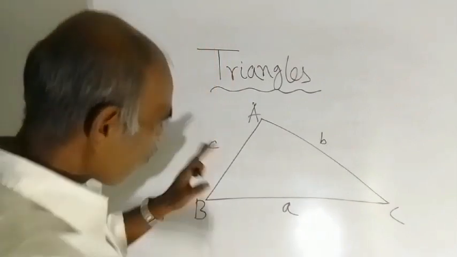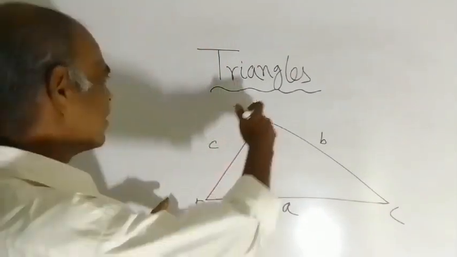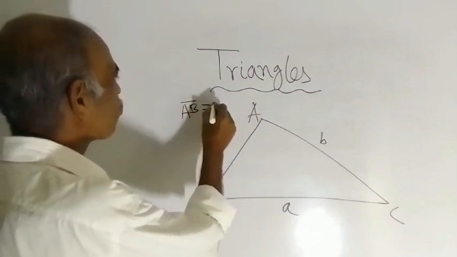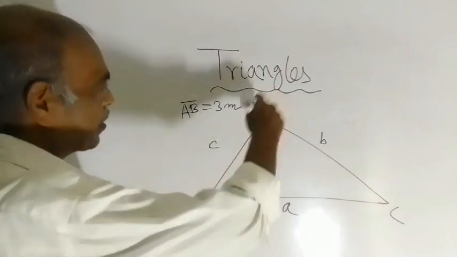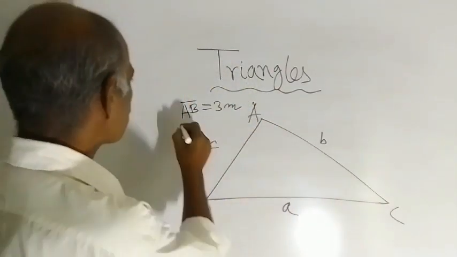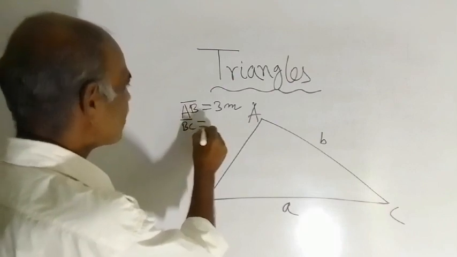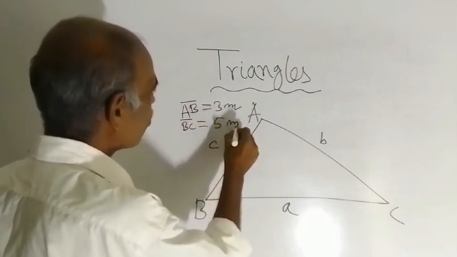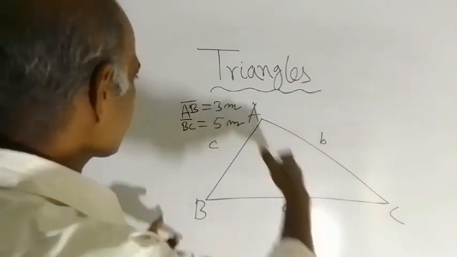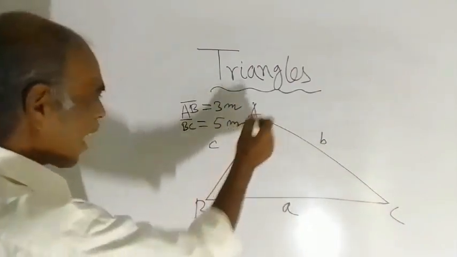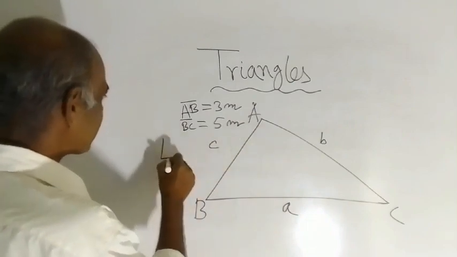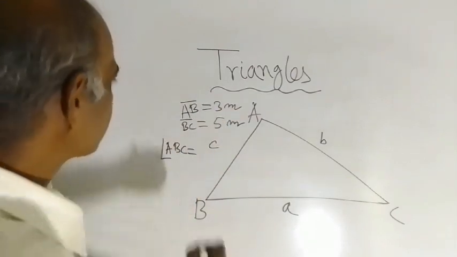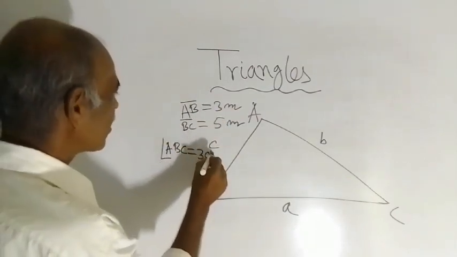Now, for this given triangle, the side length AB is given, AB is equal to 3 meter. And BC is also given, BC is equal to 5 meter. And the angle ABC, let us take 30 degree.